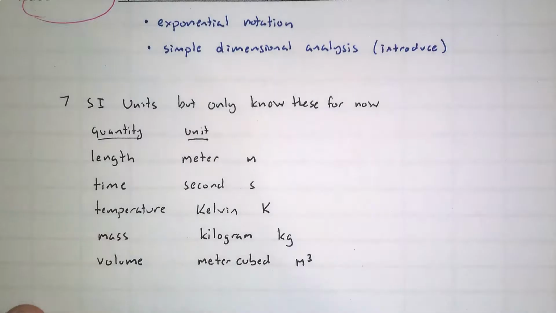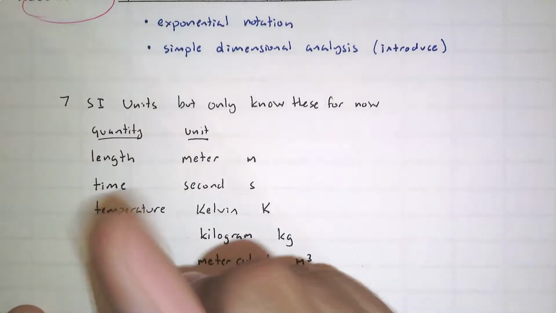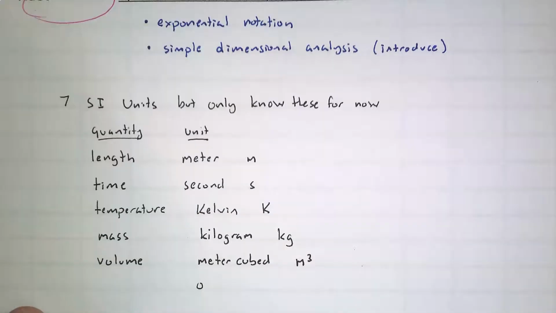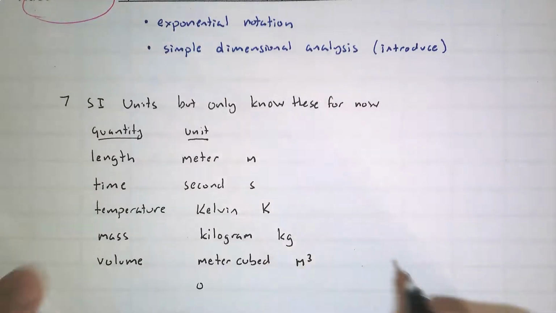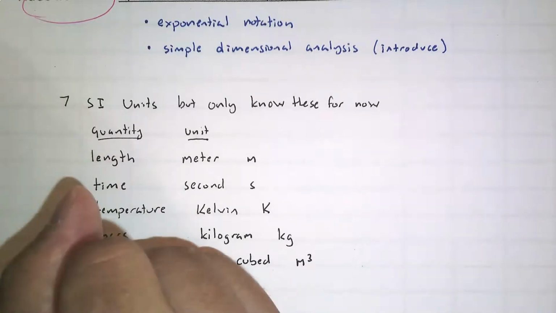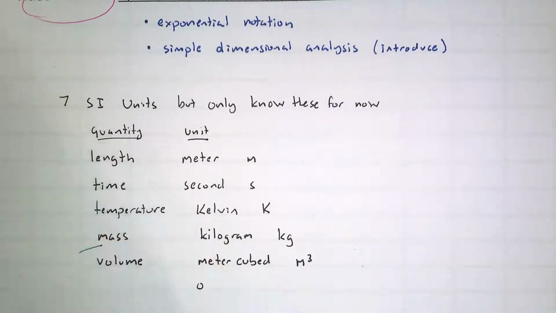I think most people are used to a liter. And it is now acceptable to consider the unit for volume, or the base unit, as a liter. But technically it's not part of the 7 SI units. So we'll just say plus 1.